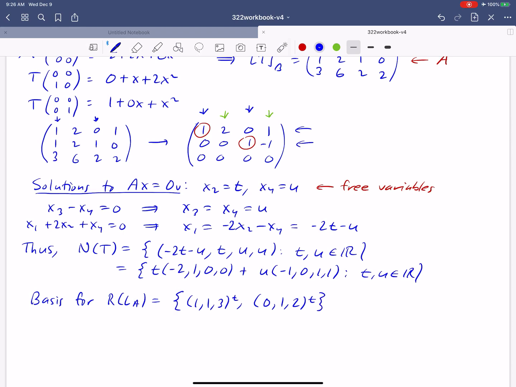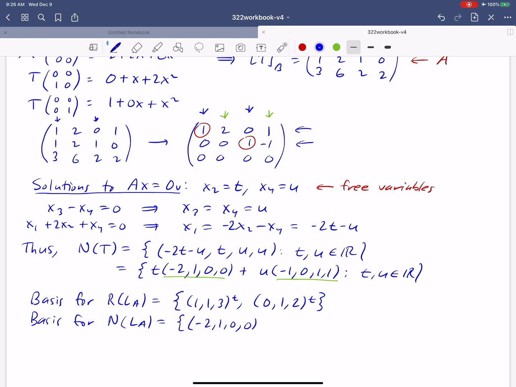Okay, good. And then what about the basis for the null space of L of A? Well, there we can see from our calculation just above here, the null space has been written as a linear combination of those two vectors, and so those two vectors should form a basis.